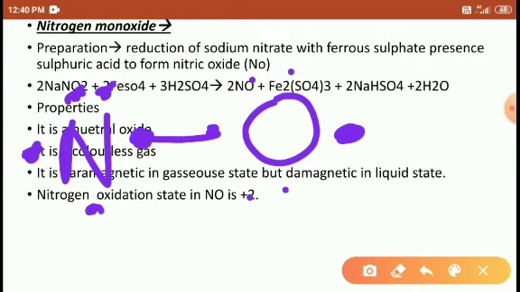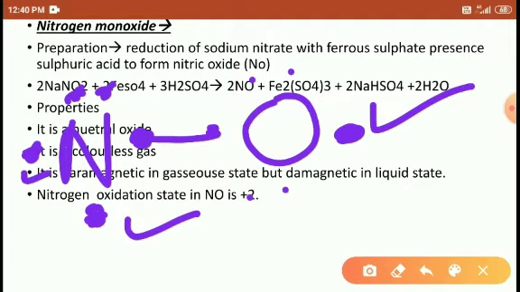This is one. So students, here this is unpaired. So that's why it is paramagnetic in nature. But whenever it attains the liquid state, they show a kind of attraction, and it becomes diamagnetic.